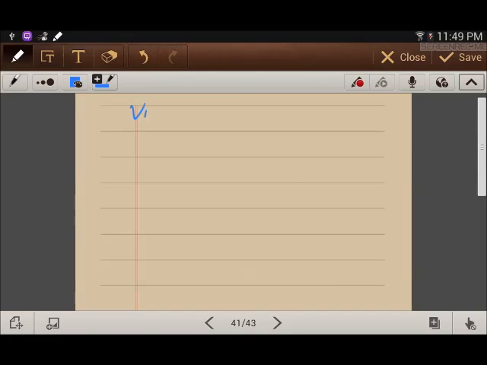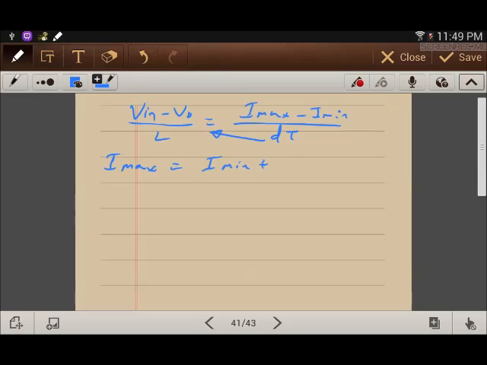So I get (V input minus V output) over L equal to (I max minus I min) divided by DT. Multiplying through, I get I max equal to I min plus (V input minus V output) over L times DT, which is the same equation.